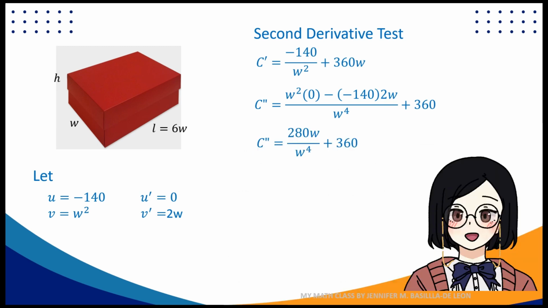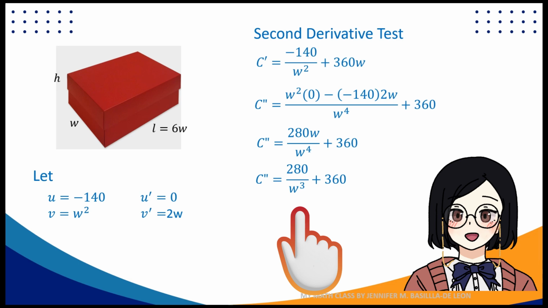Simplifying, we will have 280W over W raised to the fourth power plus 360, thus resulting to 280 over W raised to the third power plus 360.